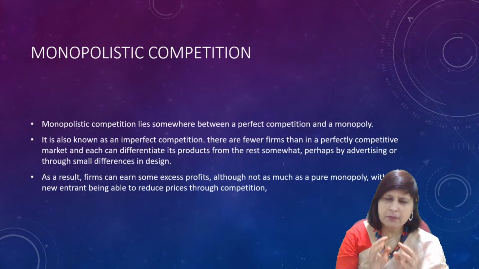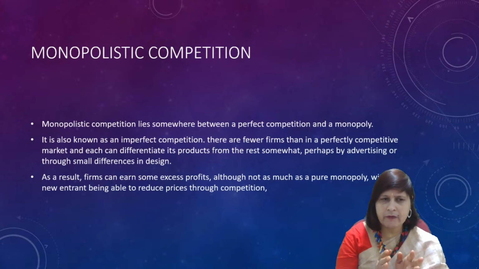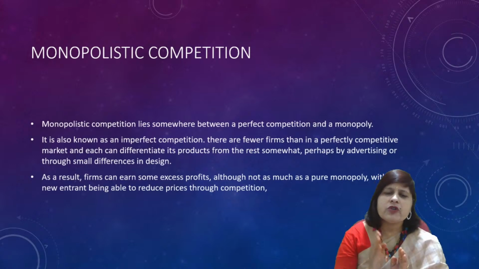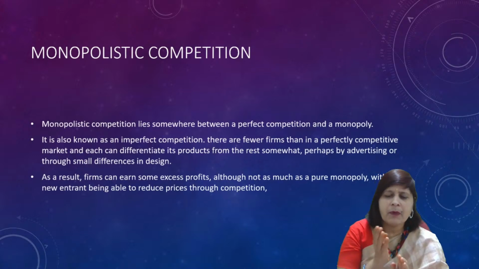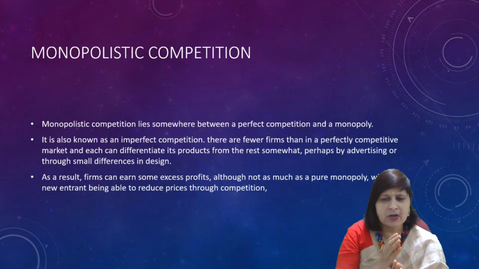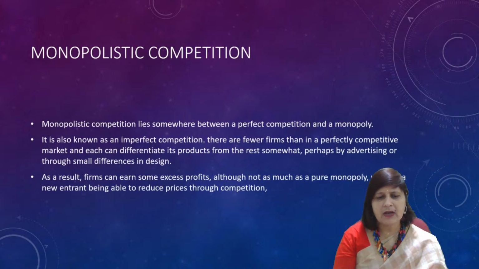There is competition, but there are fewer firms. Not many firms are producing that type of product or services, and each firm can differentiate their product from the rest on the basis of design or differences or through advertisements, right?